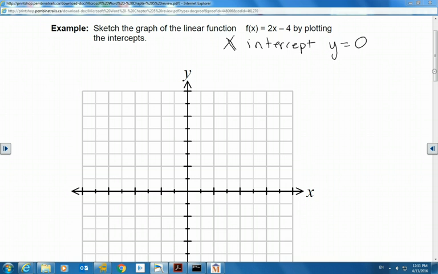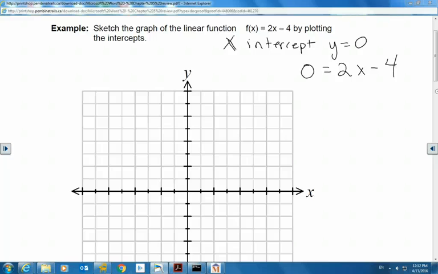What we want to do is find the x value when y is equal to 0. So instead of f of x equals 2x minus 4, what am I going to write? 0 equals 2x minus 4. All right, so how can I isolate x?